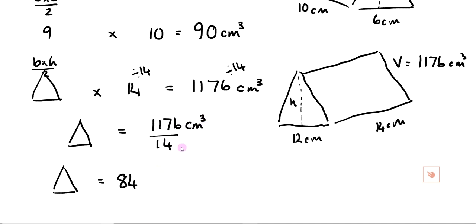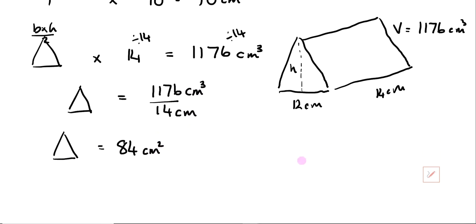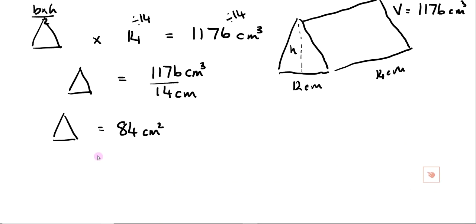What units? Centimeters. No. It's the area, so it's square centimetres. Okay? Now the next step is to say, right, I've got the triangle area. That's what I need. So now I know that base times height divided by 2 is 84.